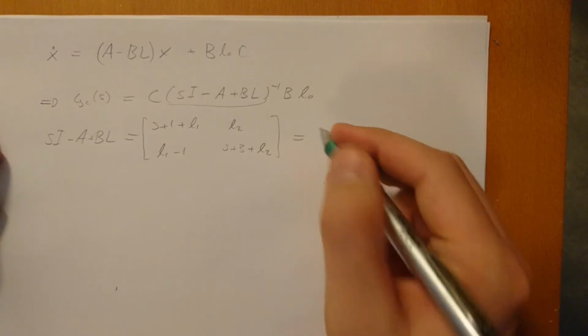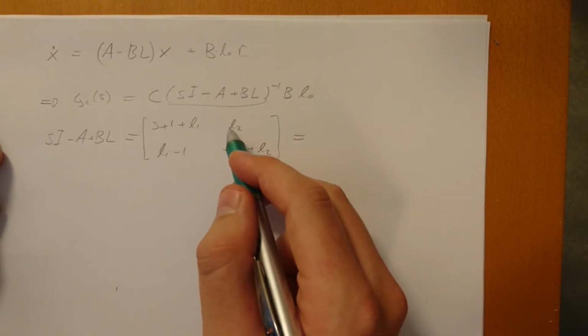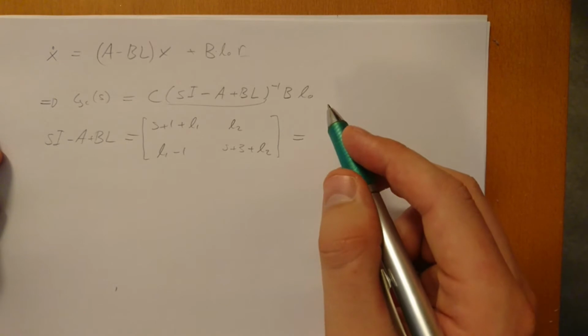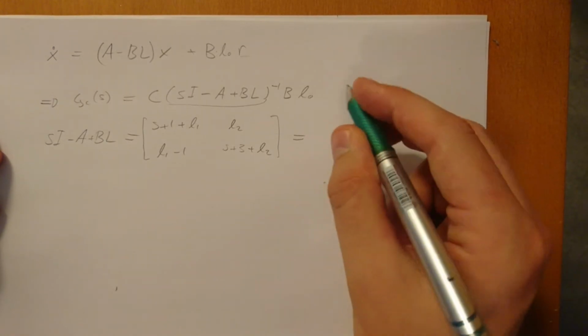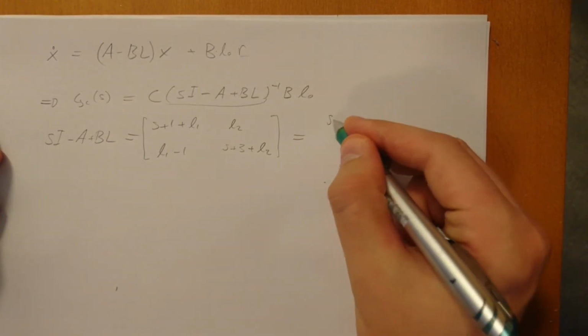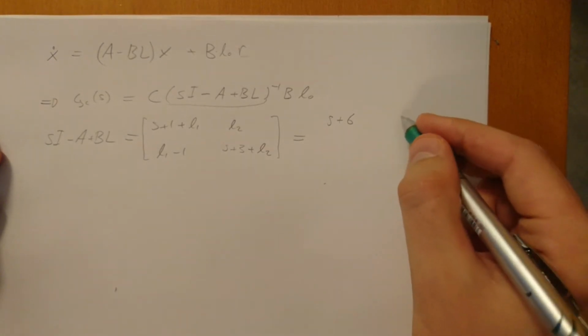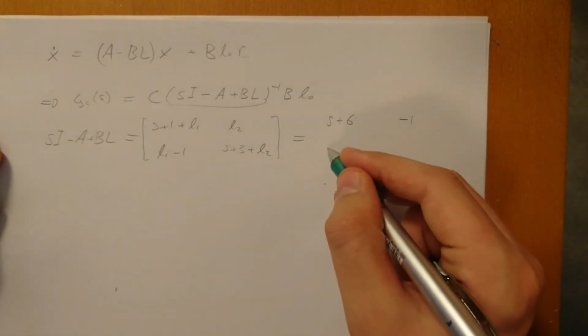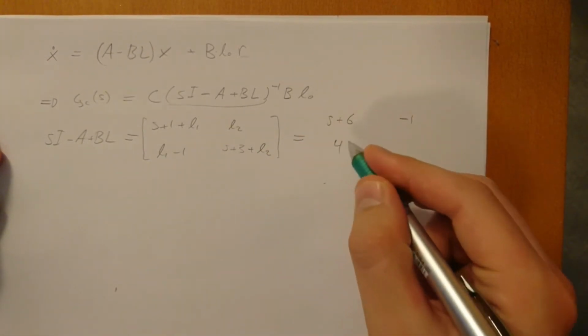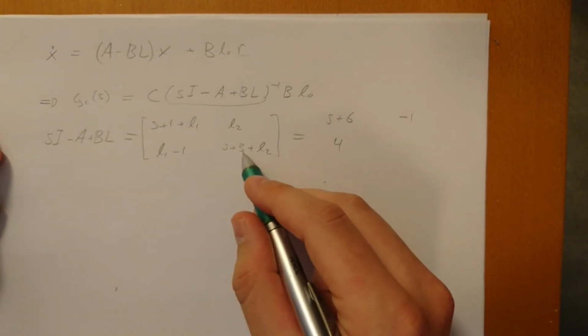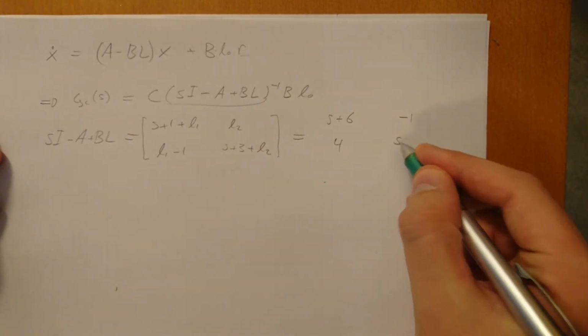And now we're plugging in the values of L1 and L2 that we found. So L1 is equal to 5, right? So this becomes s plus 6, and L2 was minus 1. So this is 4, and this is s plus 3 minus 1, s plus 2.